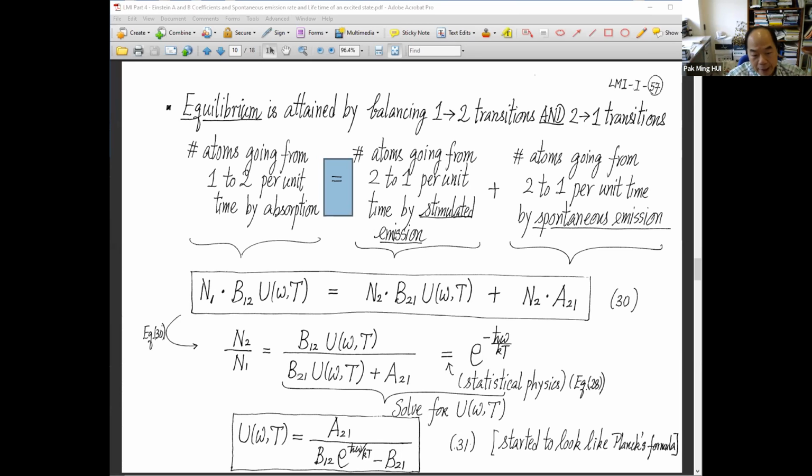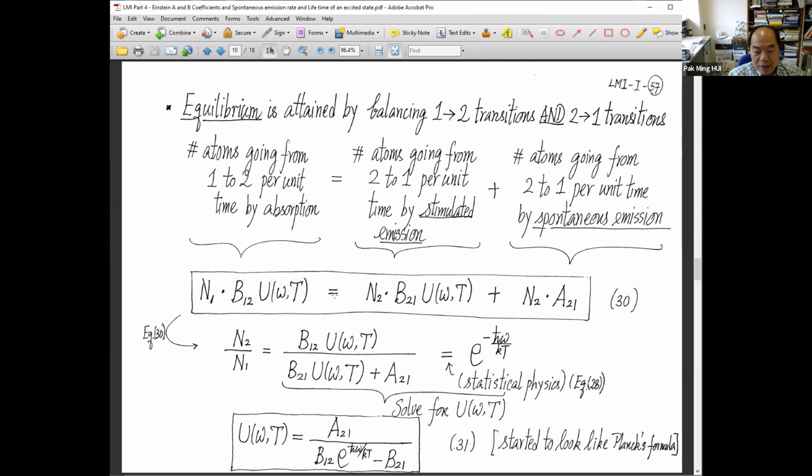Okay. So let's see. Left-hand side, the number of atoms going up due to absorption. So you have that many atoms down here. Per atom per unit time, that many will go up, the probability that will go up. So for a tiny time interval, you can think about it, you have that many going up.